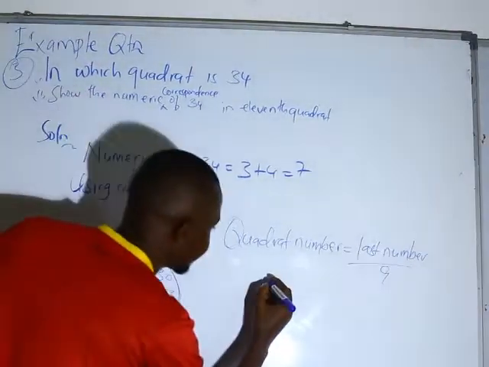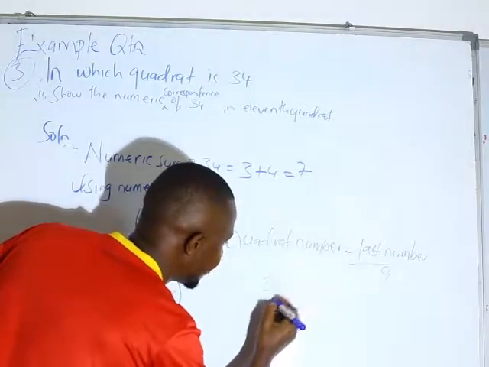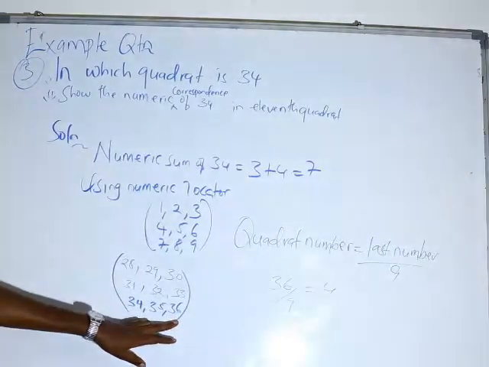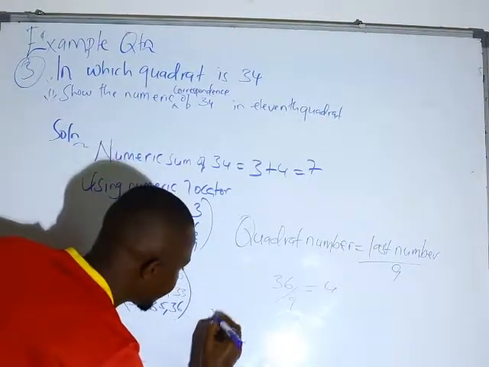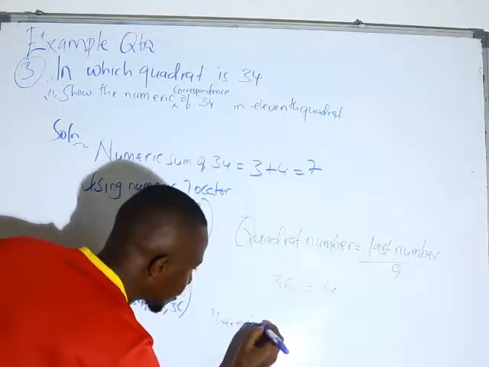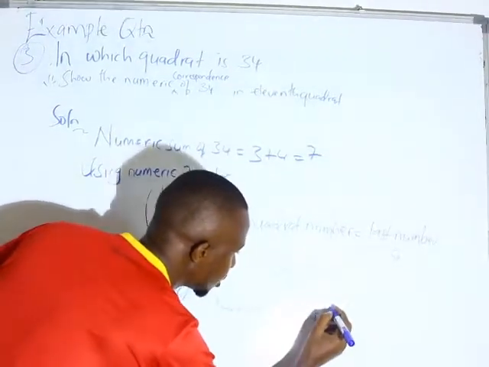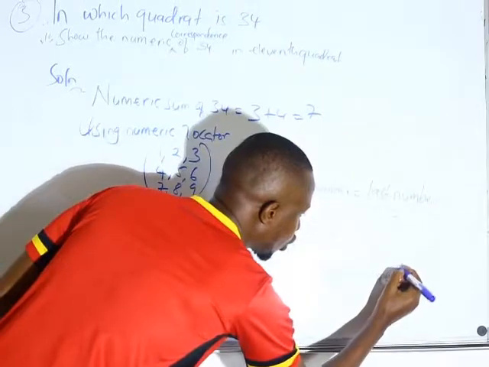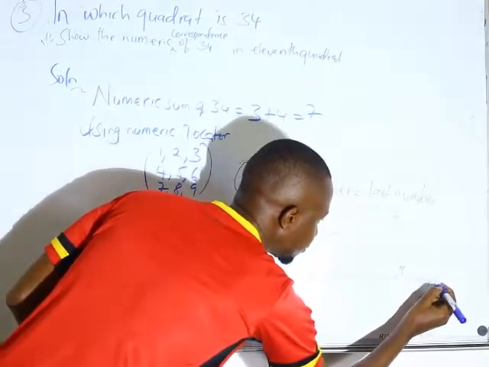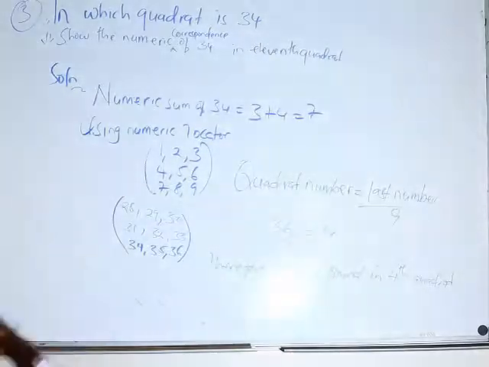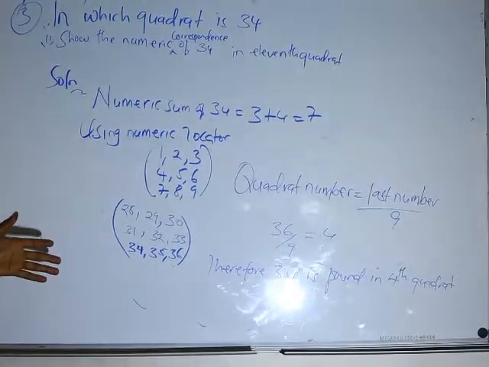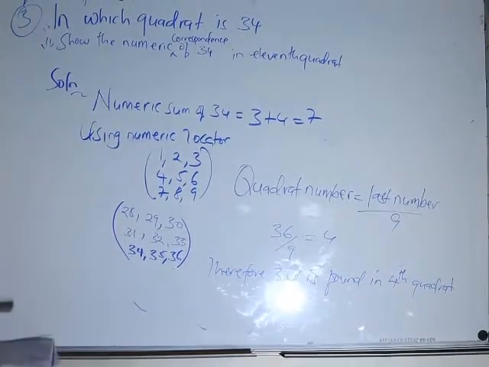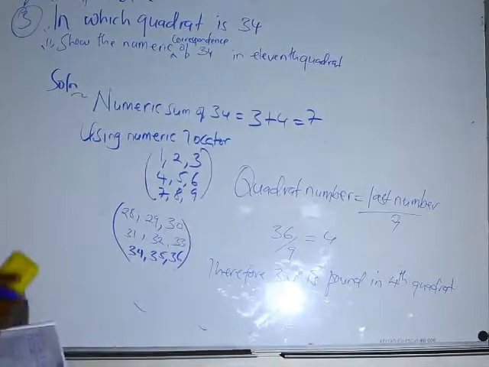It is 36, divided by 9, which equals 4. Therefore, 34 is found in the fourth quadrant. You can list them from the first quadrant up to the fourth quadrant because it's very easy and you see the truth about this. So we have found 34.